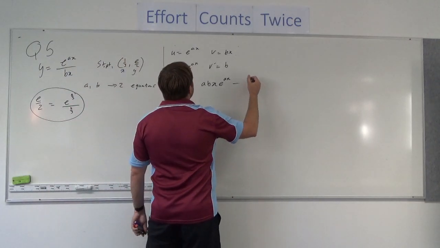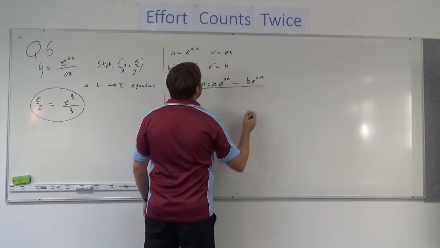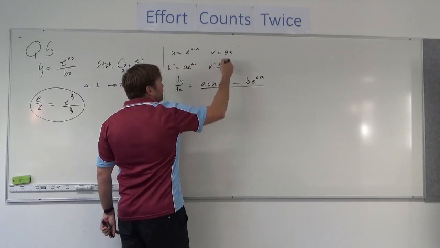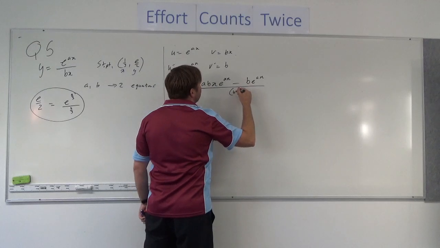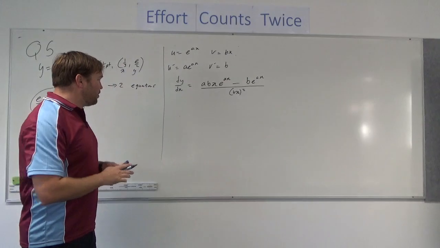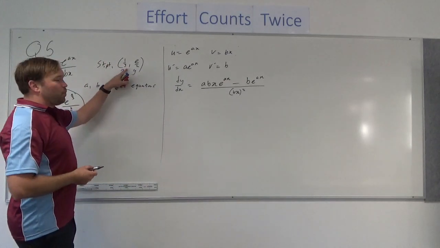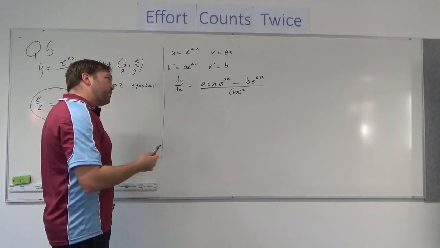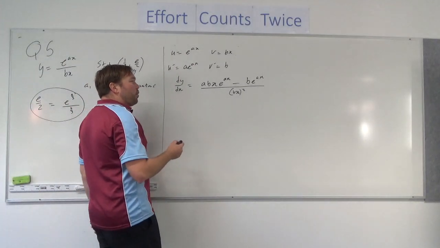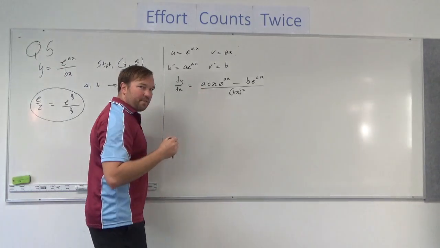Take b e to the ax over bx squared. And we know that this is equal to 0 when x is 1/3. This whole thing is equal to 0 when x is 1/3. What that really is telling us is the numerator is equal to 0 when x is 1/3.